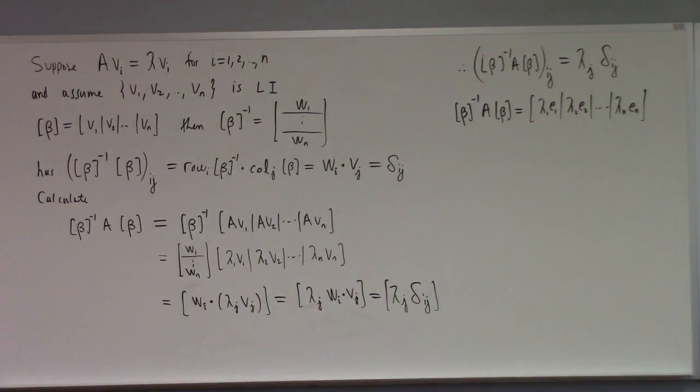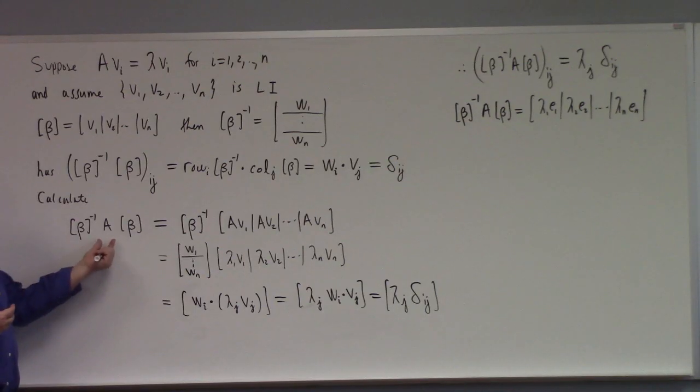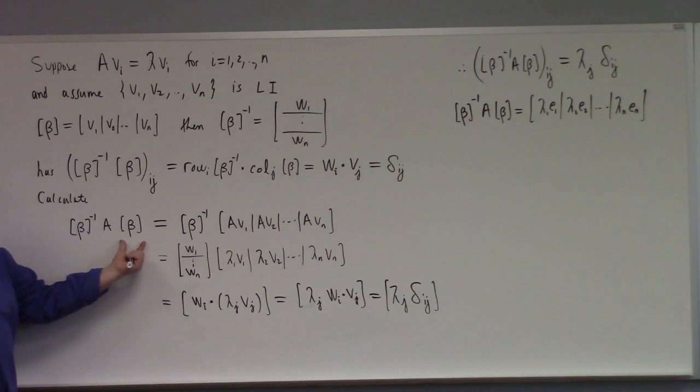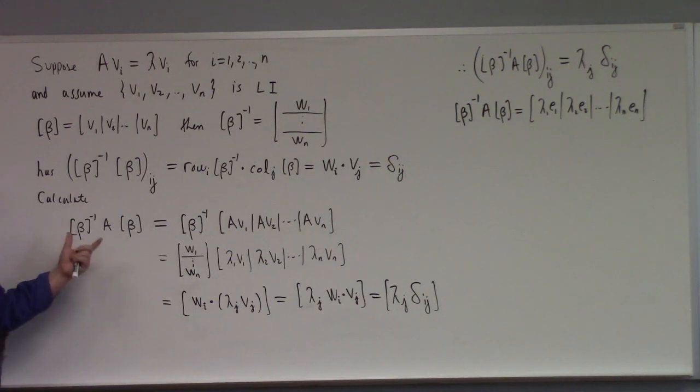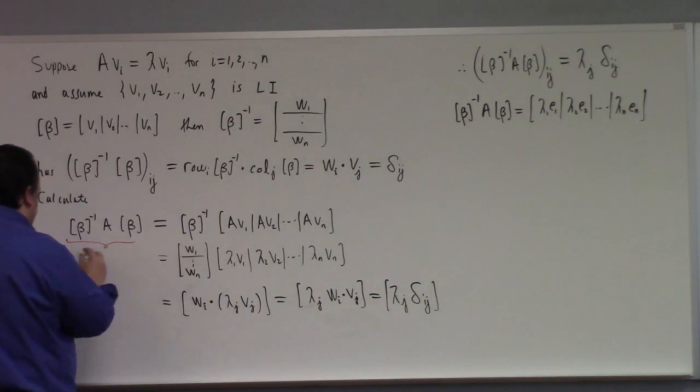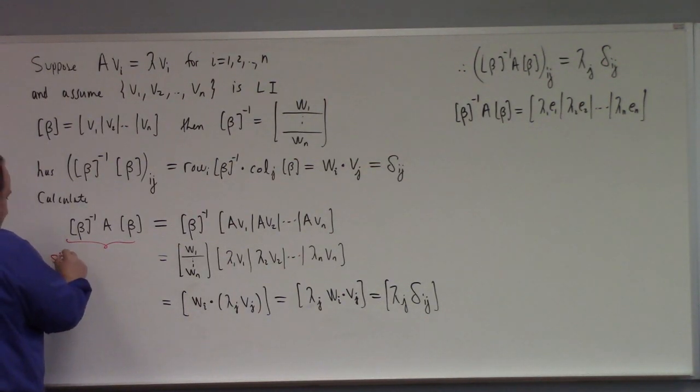So this calculation proves that if we have an eigenbasis, we can diagonalize the matrix by doing the basis inverse matrix times A times the basis matrix. This is a very specific thing. We've talked about it a little bit before. I should talk about it more some other day, but this is an example of what's called a similarity transformation.